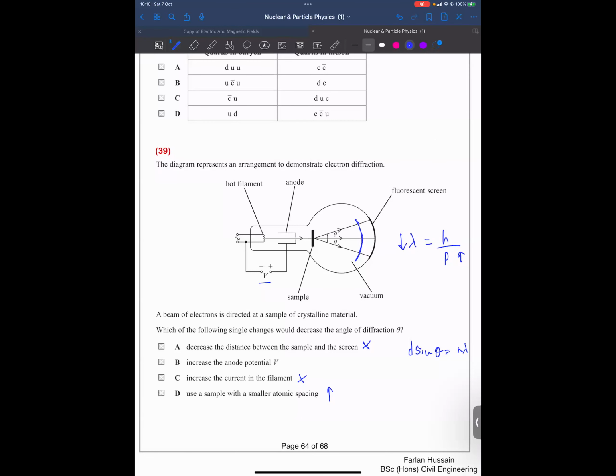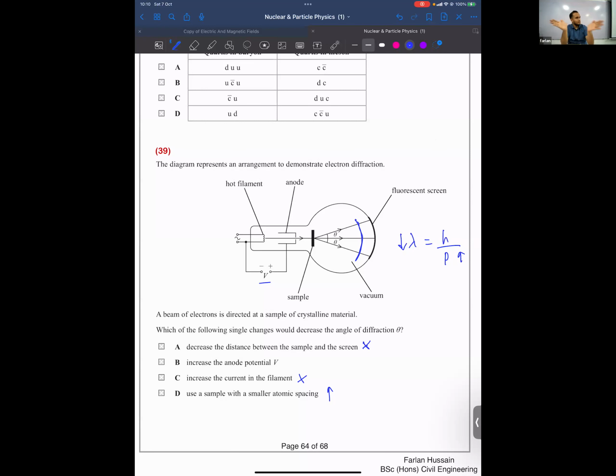Give me a minute. Wait, guys, it's like this. Can you remember, for diffraction to happen, the angle of diffraction will be noticeable when a wave is passing through an aperture.